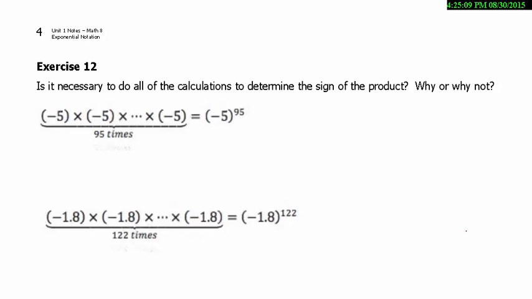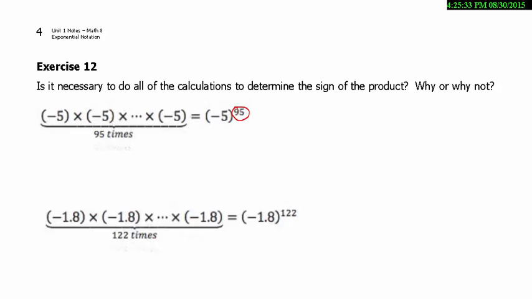So let's use what we just learned. It comes down to the exponent. In this case, the exponent here is 95, so that exponent is odd, which means that there are 94 of the negative 5s that are going to be multiplied together and having a partner, but there will be one left over, which means we will have a negative answer.